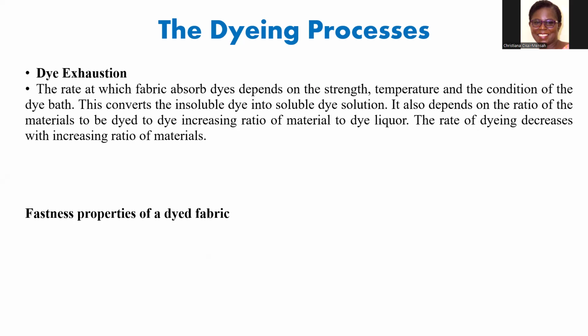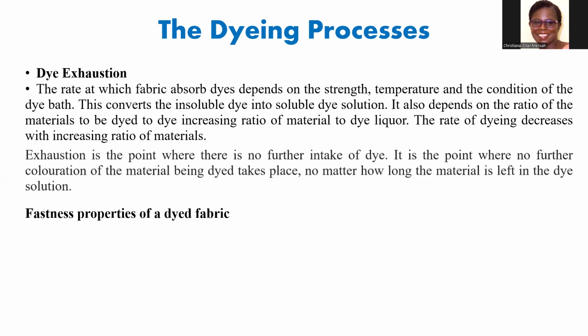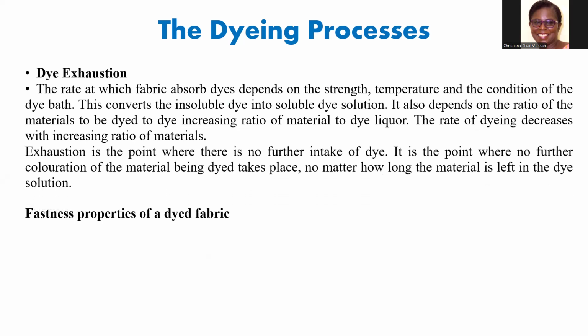The rate of dyeing decreases with increasing ratio of material. So exhaustion is the point where there is no further intake of dye. It is the point where no further coloration of the material being dyed takes place, no matter how long the material is left in the dye solution.